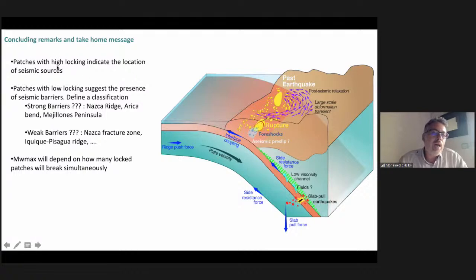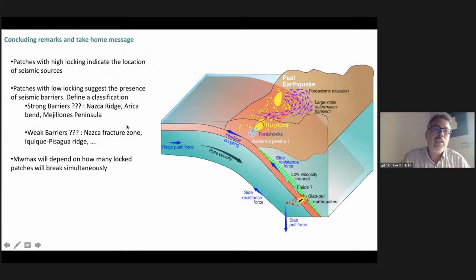What Anne and Juan Carlos have shown is that highly locked patches show the location of seismic sources. The low locking patches indicate some barriers. So these barriers are not very easy to map because sometimes two locked patches are so close that the barrier remains in what we call a stress shadow, and with only some observation at 100 or 200 kilometers away, it is difficult to image these barriers.